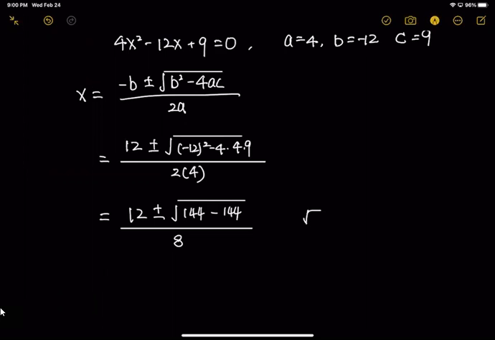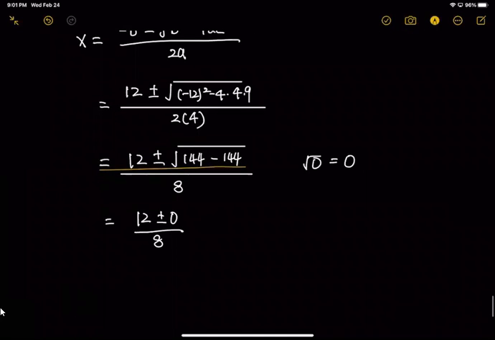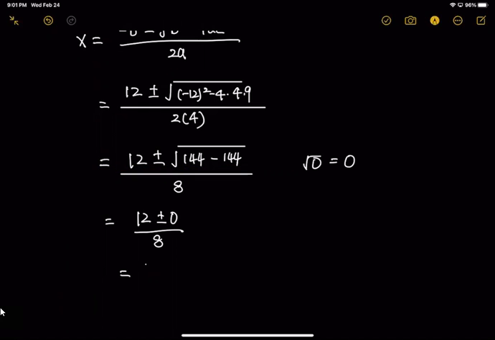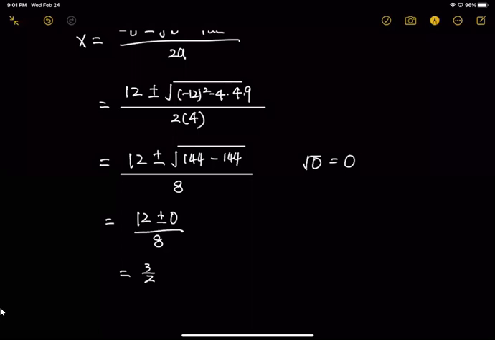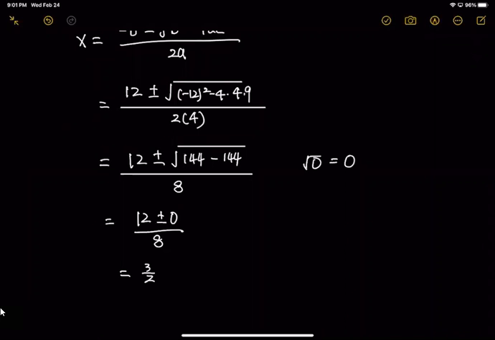Well, square root of 0 is equal to 0. So I have 12 plus or minus 0 over 8. So that means we only have one solution, because if you add 0 or subtract 0 it will be the same, 12 over 8. So you simplify it, you will have 3/2. So that's our only x.